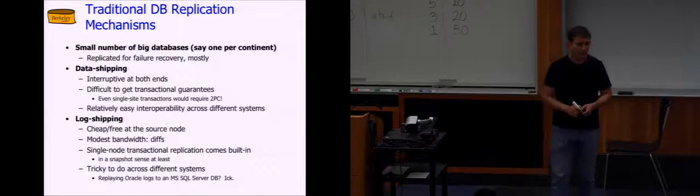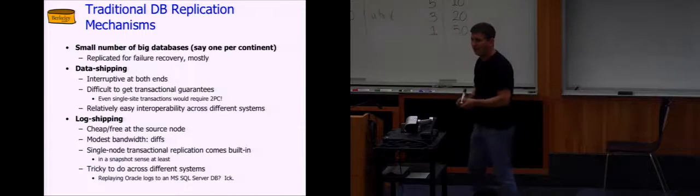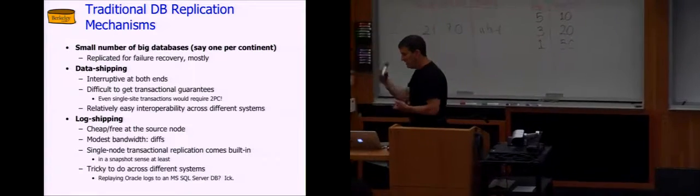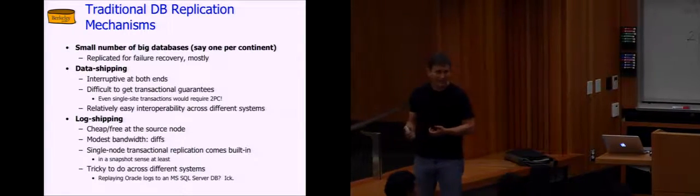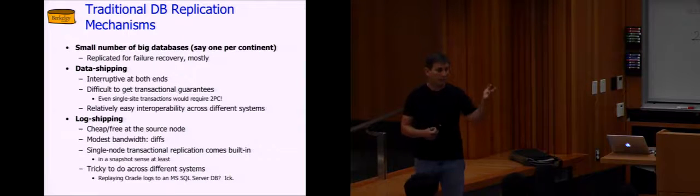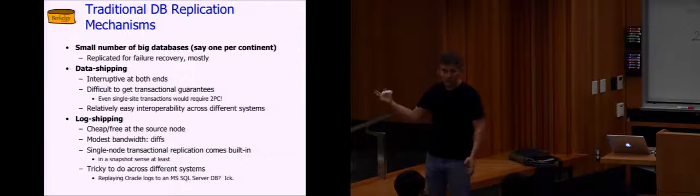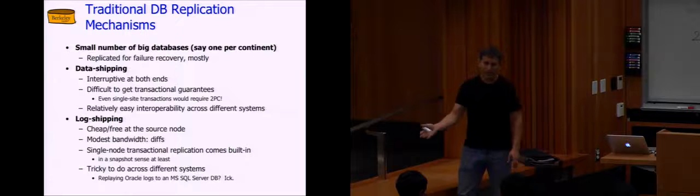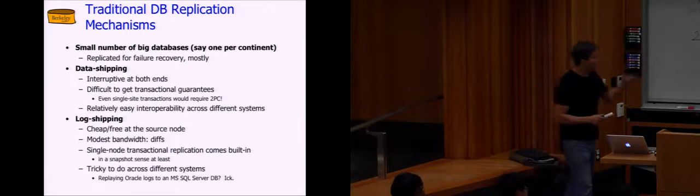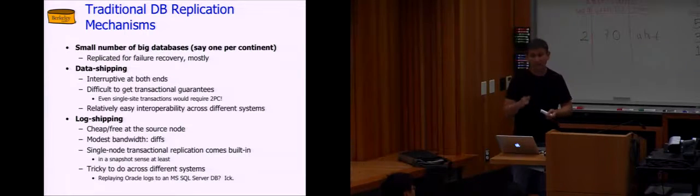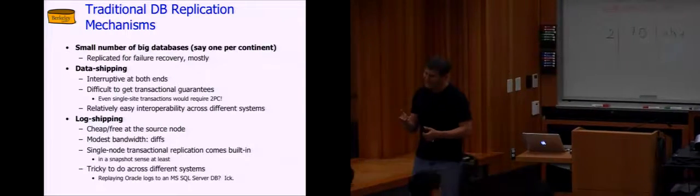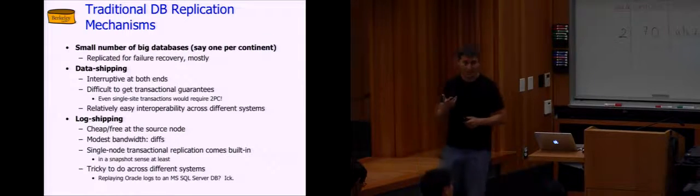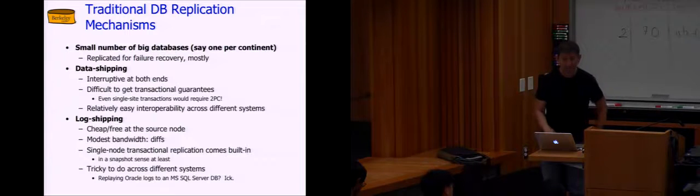You've got to reverse engineer a commercial database's log, figure out what it's doing, and map it to another commercial database's roll-forward logs. And they don't even necessarily have the same semantics. Oracle's doing snapshot isolation, and DB2's doing serializability. It's a mess. So this is really hard to pull off across systems. So log shipping is super fast and nice and transactional, but you need to get into the guts of these logs and the semantics of the transactions at the two sides. All right?